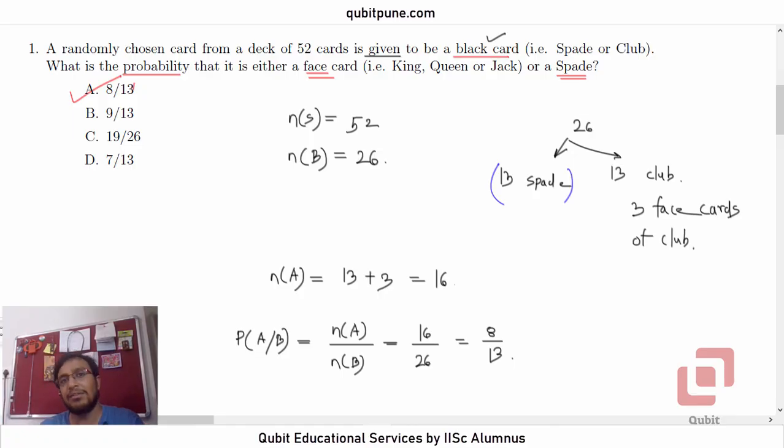You can also solve this question by using the formula for conditional probability, but the sample space being only of 52 elements, we just modified it and got the answer.